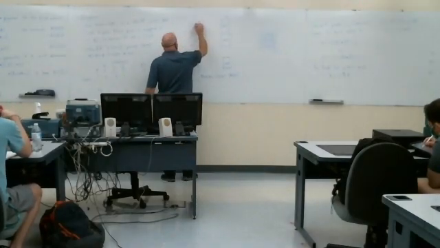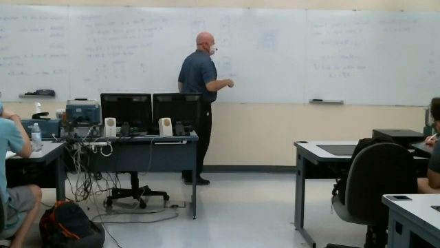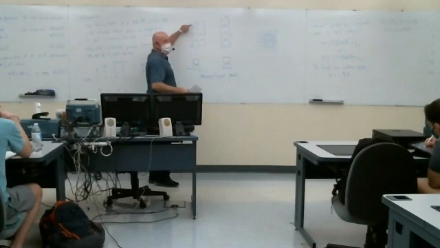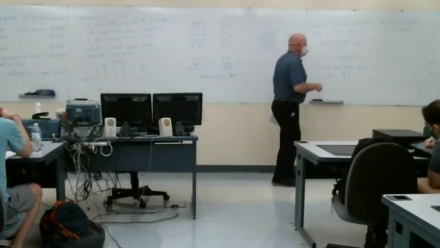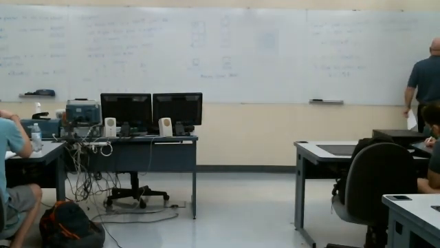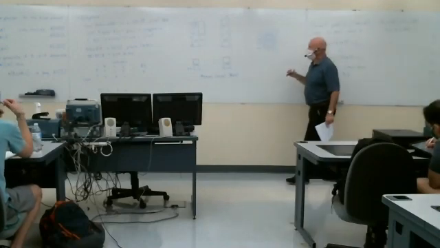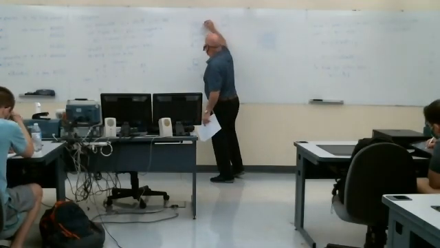So the 0, 0 element would be in bit 0 position of memory element 0. This is B0. The 1, 0, second row, first column, should map to B1 in memory element 0. The 0, 1 element, first row, second column, maps into memory element 1, bit 0 position.